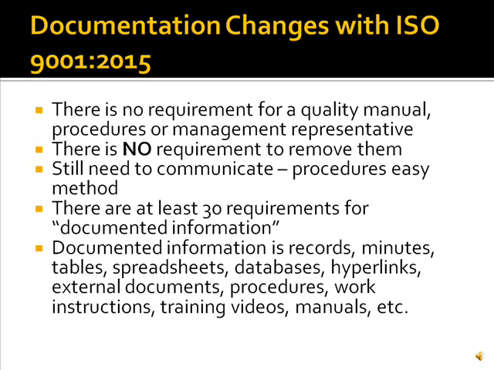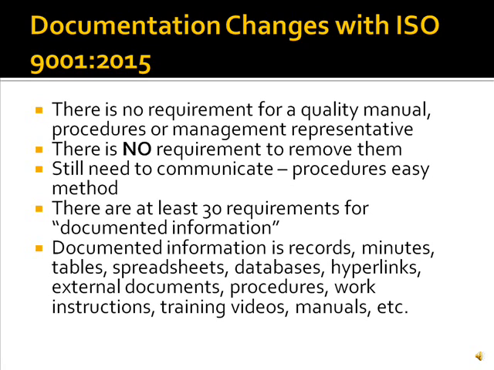What has been added is a reference to documented information, and I counted 30 requirements for documented information. Now, what is documented information? Well, it was your records, and it was all of your procedures and manuals and work instructions.